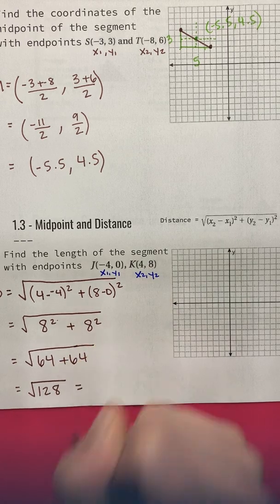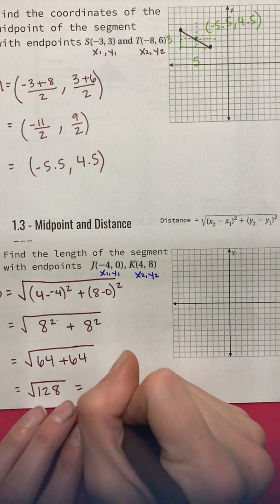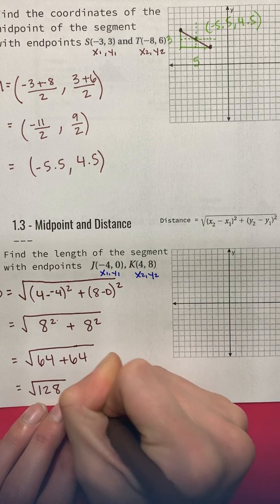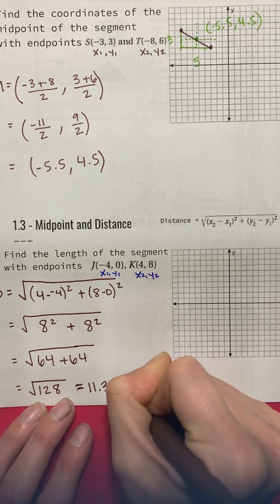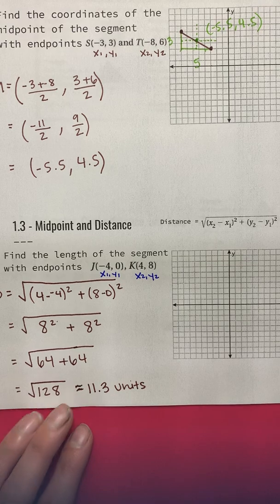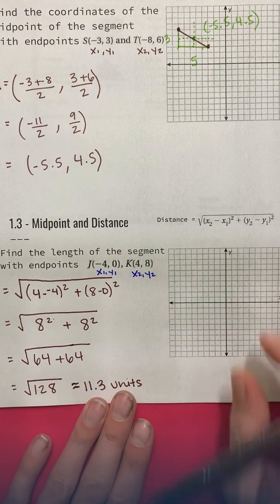Okay, and then decimal form of square root of 128 is going to give me approximately 11.3 units.